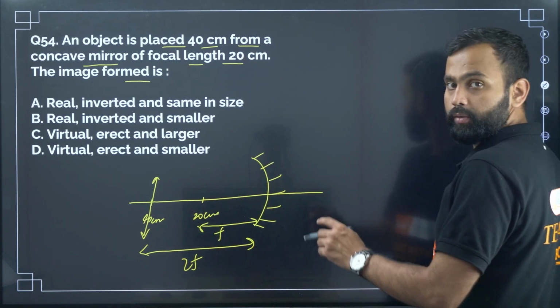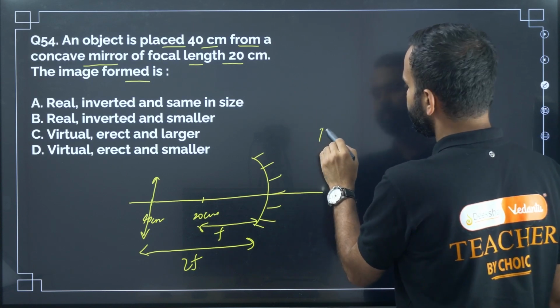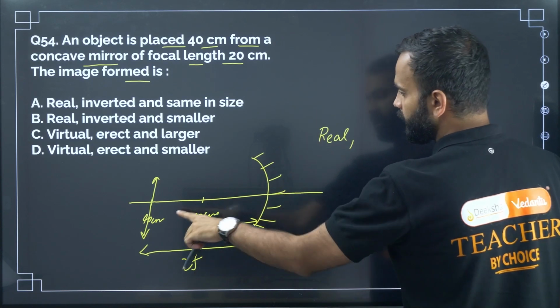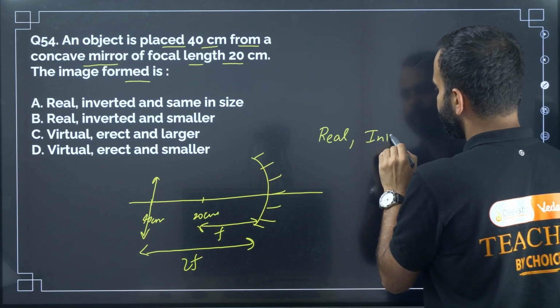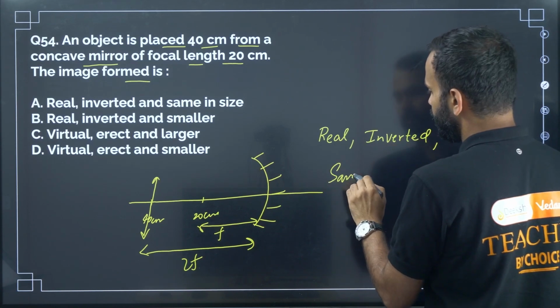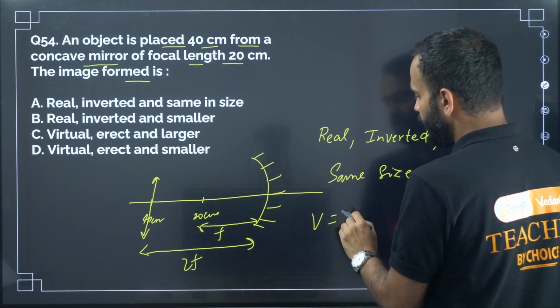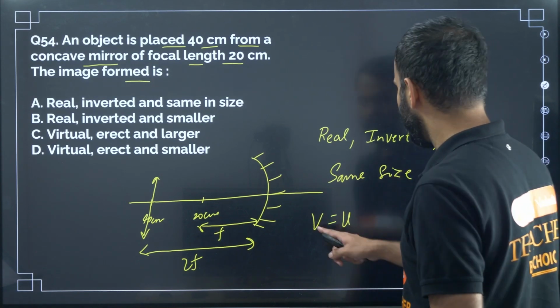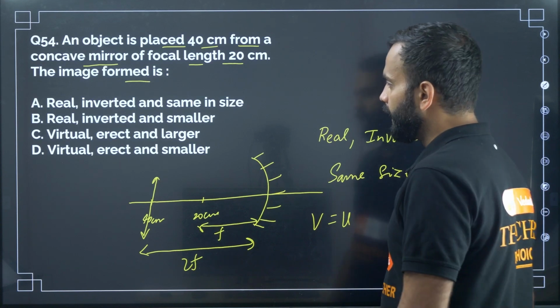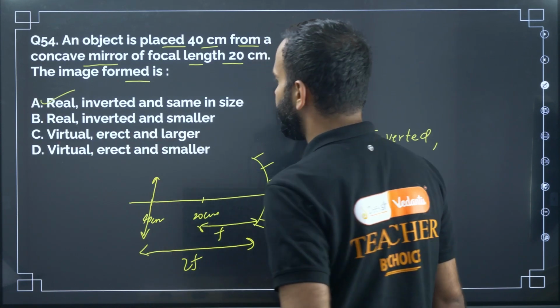This image is real, inverted, same size, and v equal to u. So the correct option is A: real, inverted, and same in size.